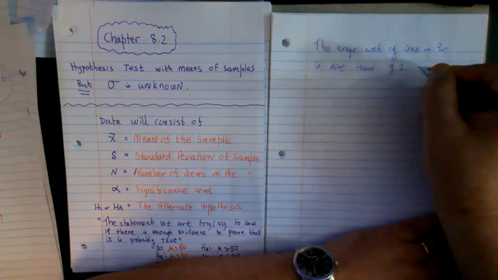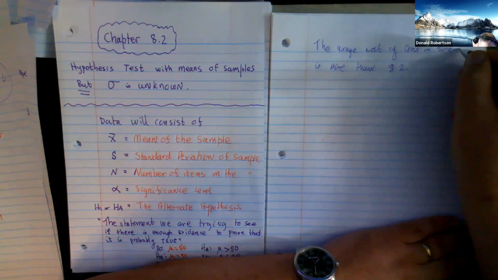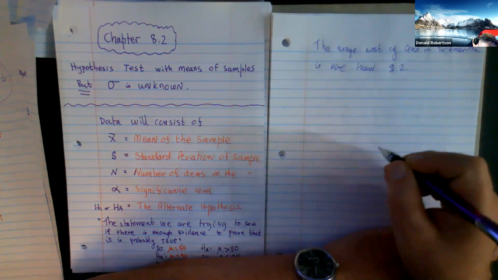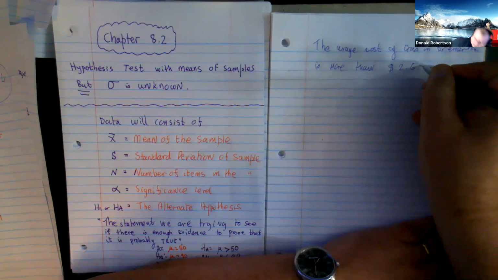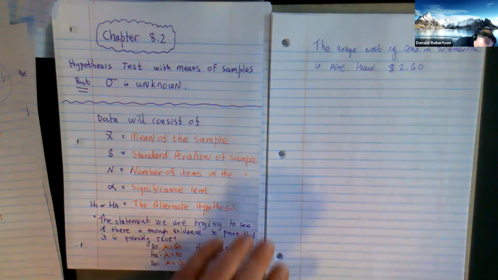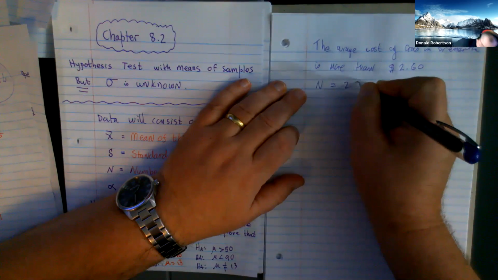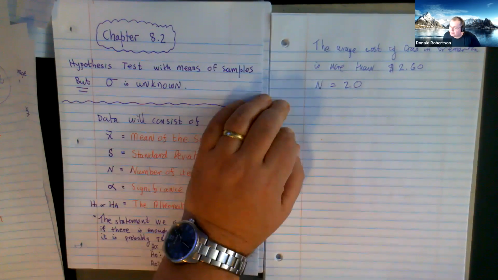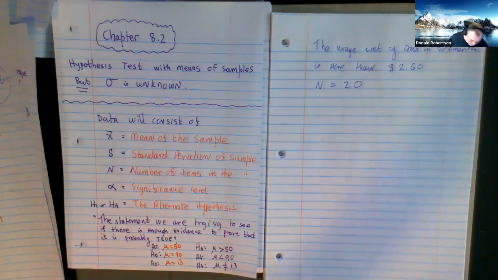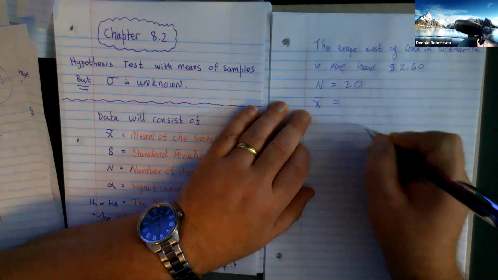Okay, so let's suppose is there enough evidence to prove that the average cost of gas is more than 2.60? So how would we prove that in Bremerton, at least, the average was more than that? Well, I would go out and I'd find 20 gas stations. Now I'd just drive about until I'd seen 20. It's pretty random. And I'd find out what the average price was.